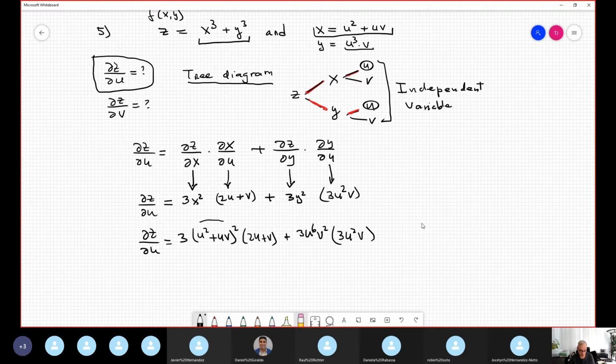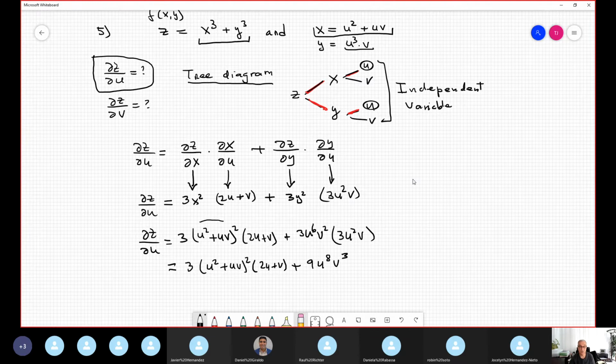Or another possibility: look at my paper. I leave it like that: 3 times u squared plus uv squared, multiplied by 2u plus v. I don't do that part because I consider it boring. Plus 9 u to the 8 v cubed. Something like that.